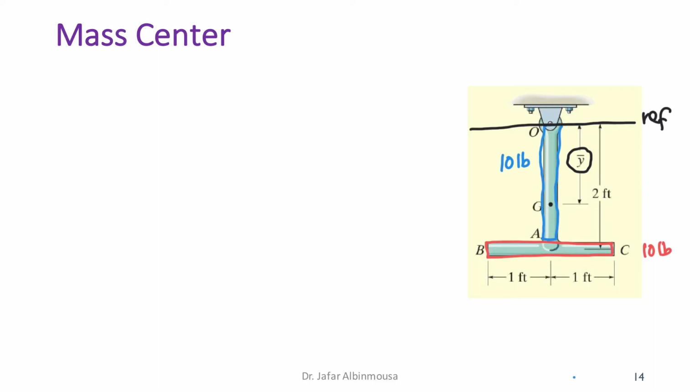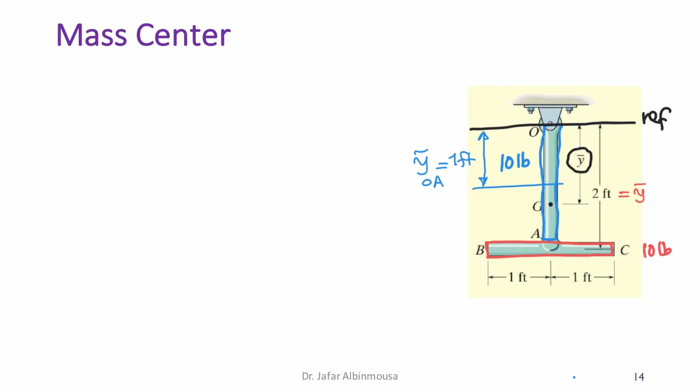I'm just going to mark it here, again in blue. So at the center here, we have 1 foot. We are going to call this y tilde, so this is y tilde for OA. Now for the other part, BC, y tilde is basically 2 feet right here. This is its center of mass from the reference.